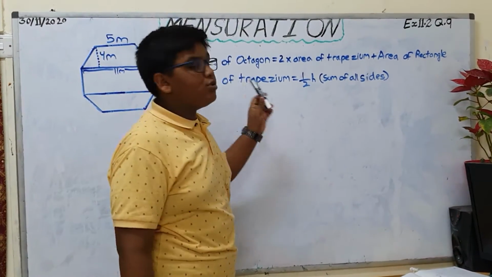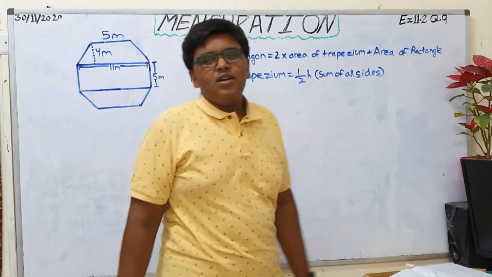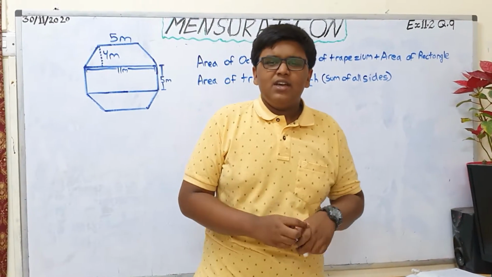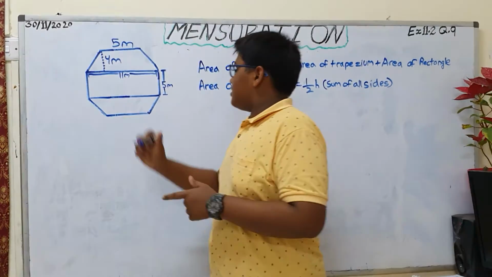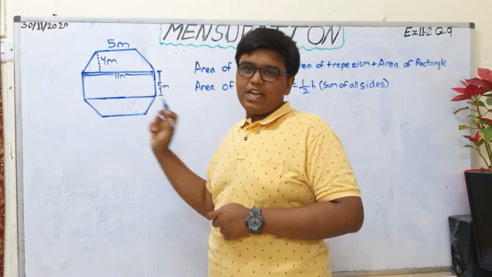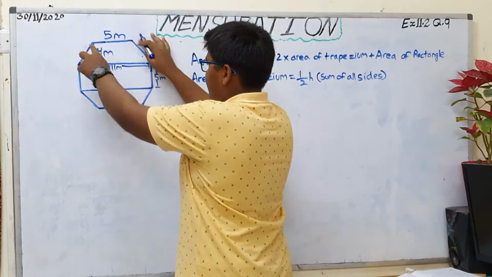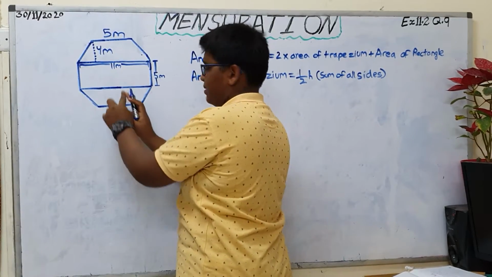Now what they are saying, area of octagon is equal to 2 into area of trapezium plus area of rectangle. Now where did I get this information? I would like to explain to you. These two diagonals which I have drawn on this line, this is a trapezium. This is one trapezium, and this is the lower trapezium.